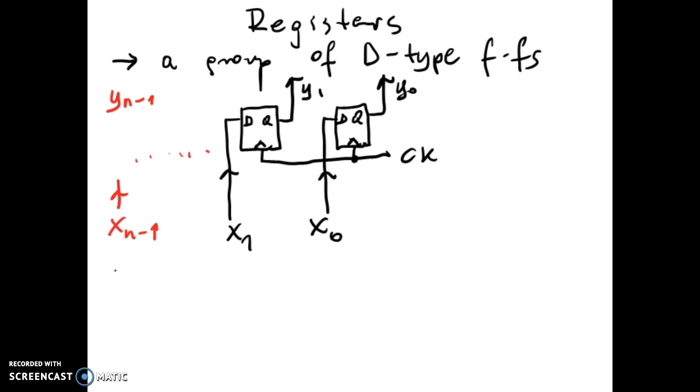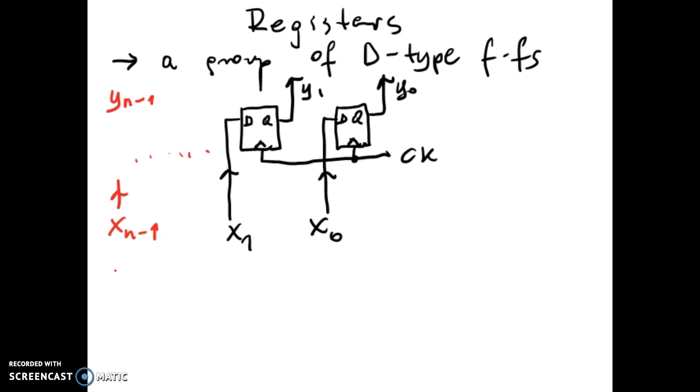You simply add another one, and only the clock inputs should be connected. The D inputs are denoted as x's, xi, etc., and they are separated from each other. And the same is true for outputs, line-wise.